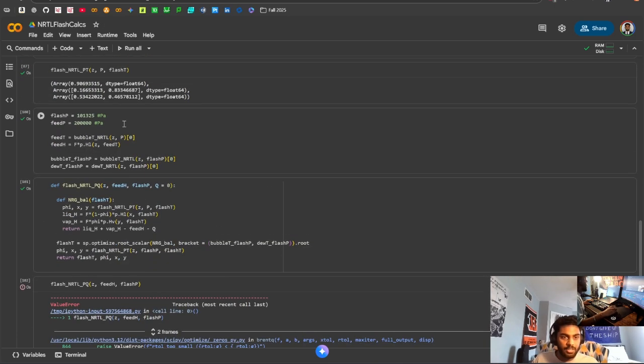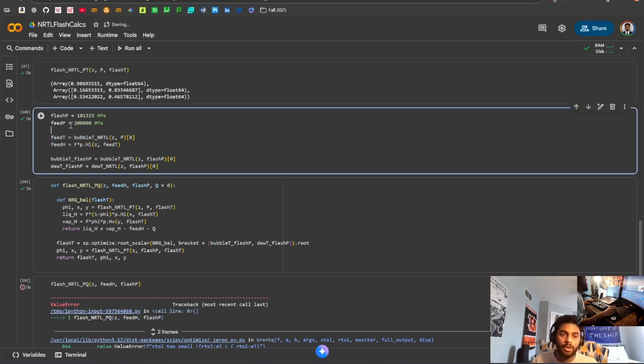So my mistake actually lies within this feed temperature. If you remember, we redefined our feed pressure here, and our feed temperature must align with our feed pressure, obviously. So this should be our feed pressure.